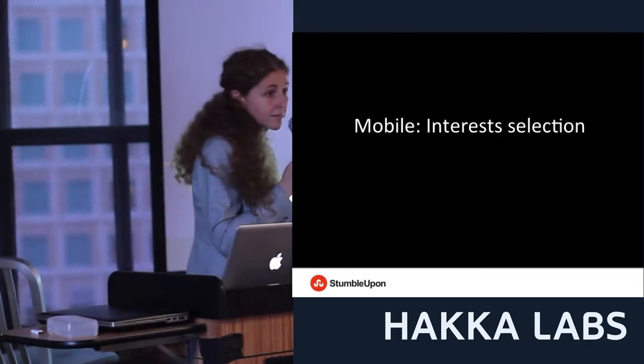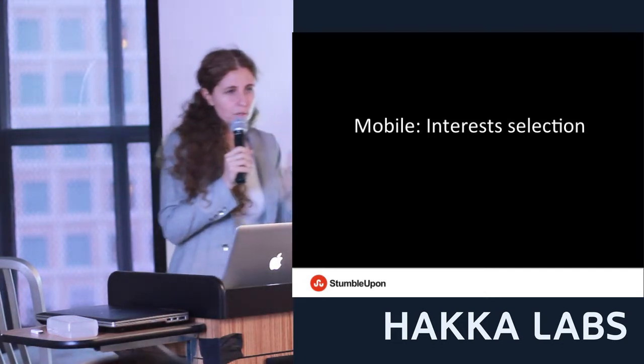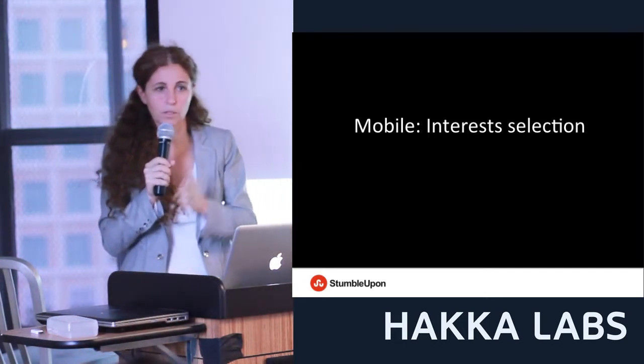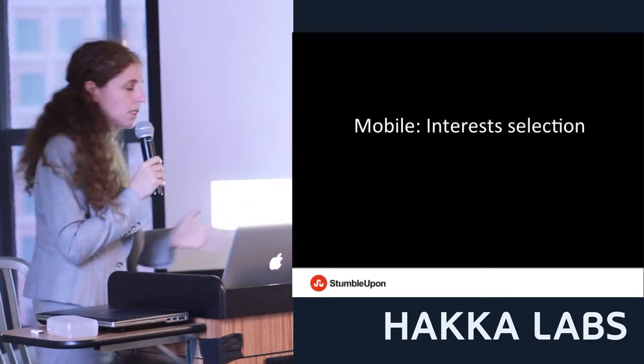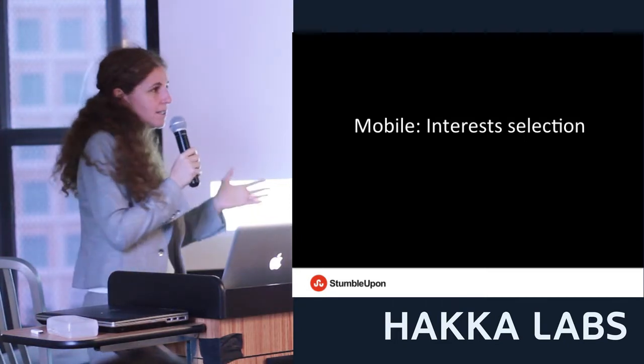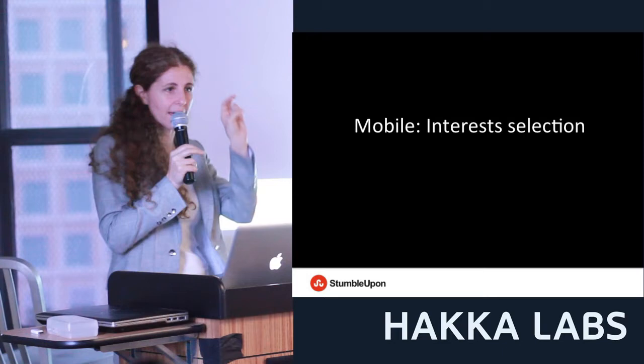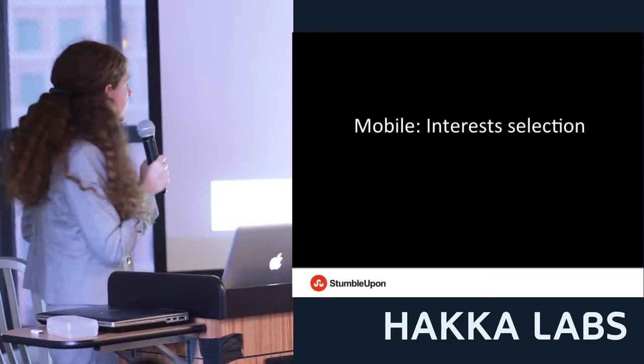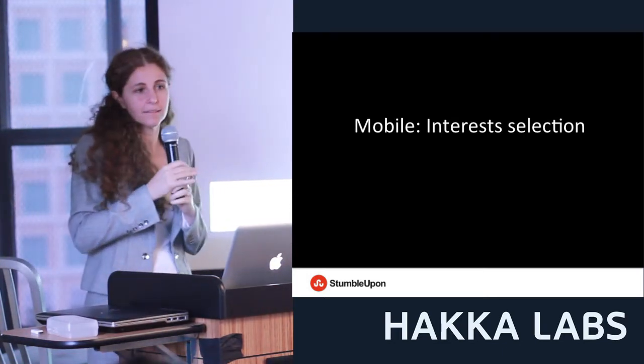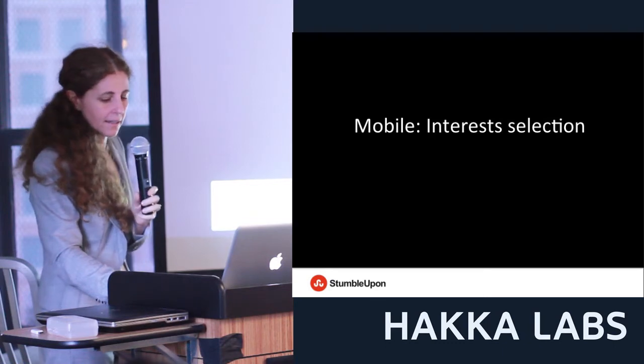So interests are really powerful. We use them for recommendation purposes and for understanding users. So we need to give users the possibility to really select the best interests for them, right? And this is not always easy.